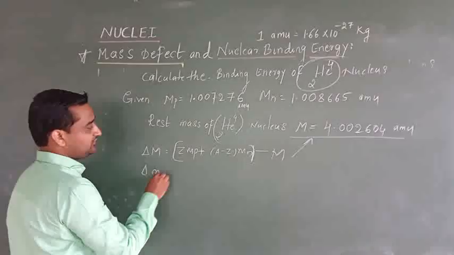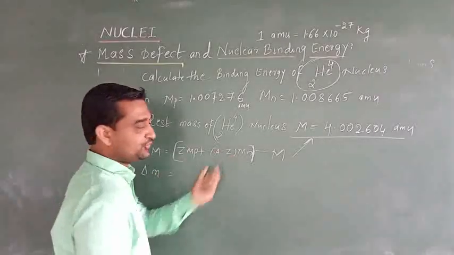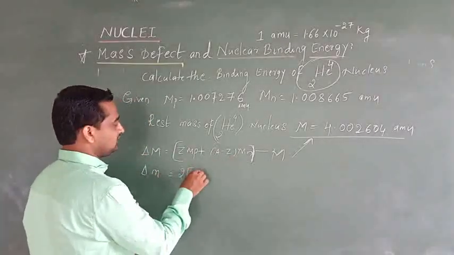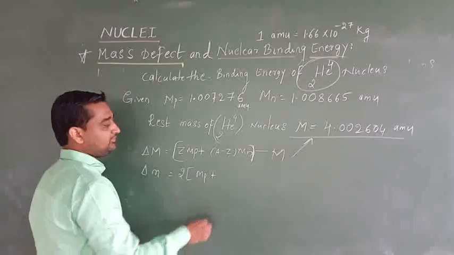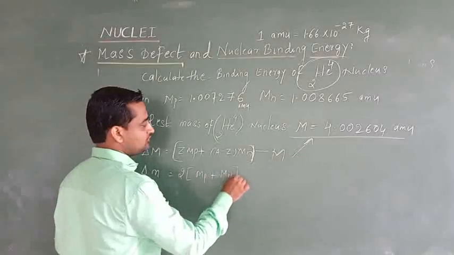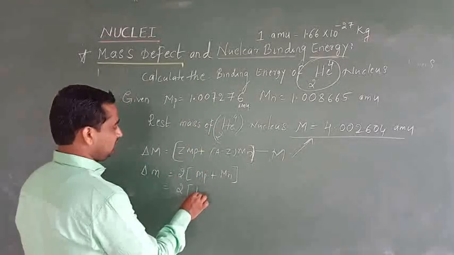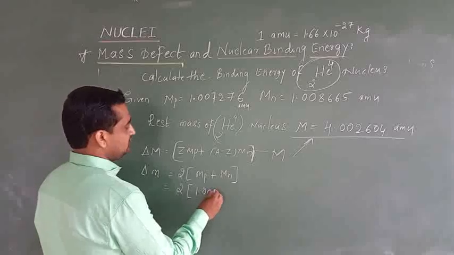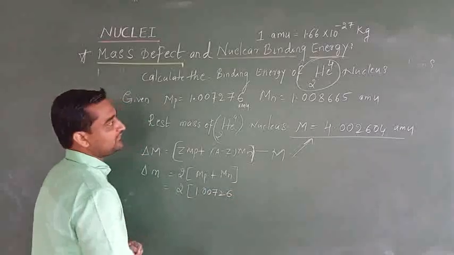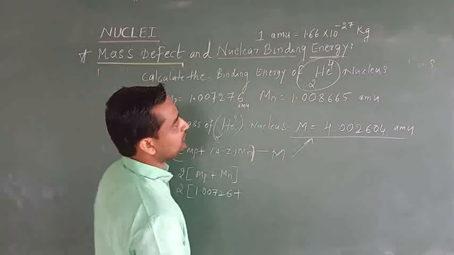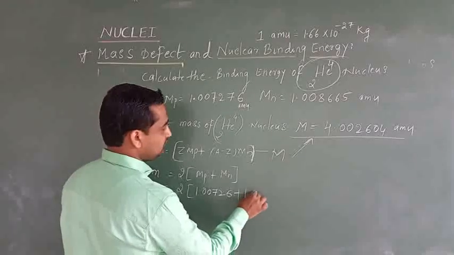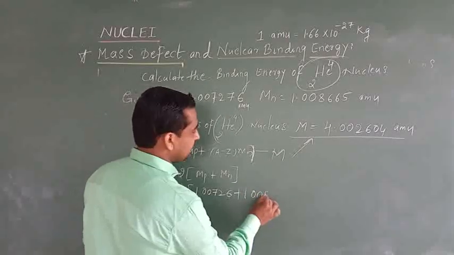Therefore delta m is equal to 2 protons and 2 neutrons. Taking 2 common, it is the mass of proton plus the mass of neutron, right? So 2 times (1.00726 plus 1.00865).